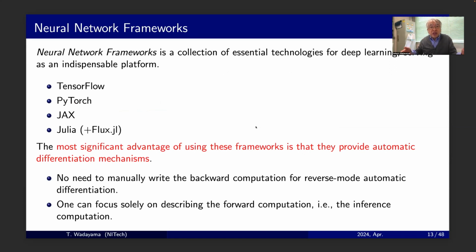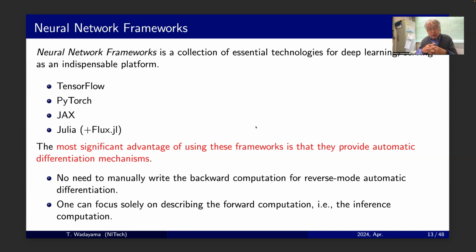Maybe you are using them currently, such as TensorFlow, PyTorch, and JAX, and Julia with Flux. These neural network frameworks provide a powerful automatic differentiation mechanism that makes coding for deep learning easier and simpler. We don't need to manually implement the backward computation for gradient calculation, and we can concentrate only on the forward computation.